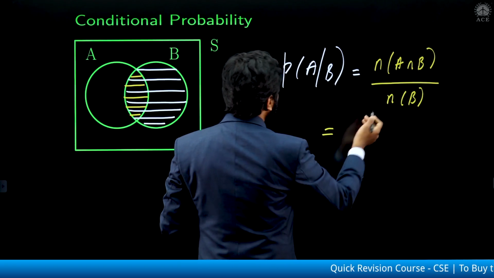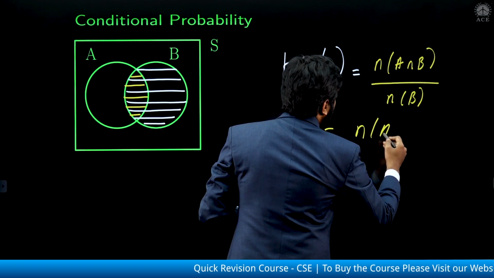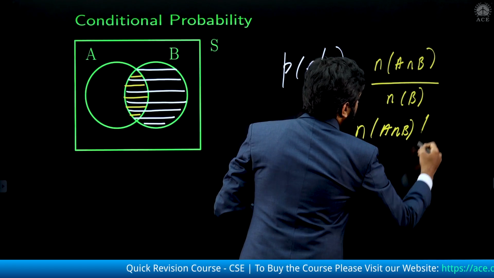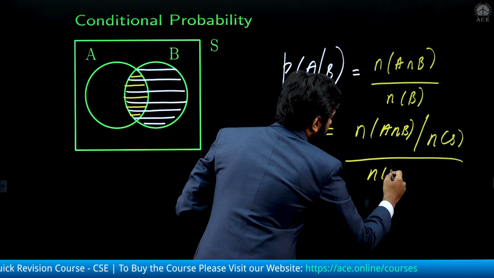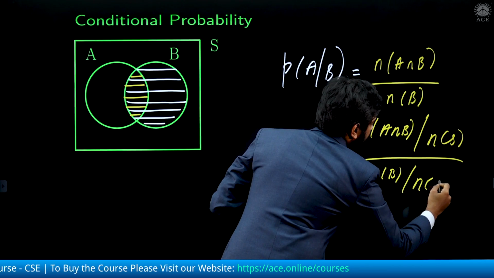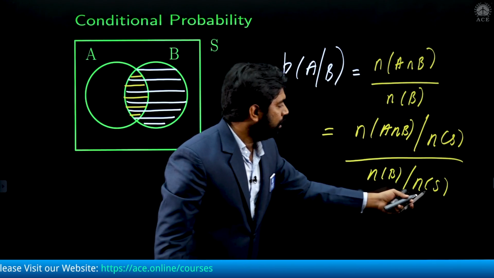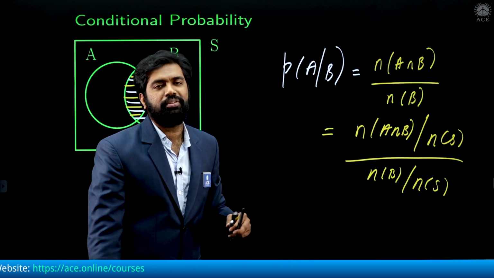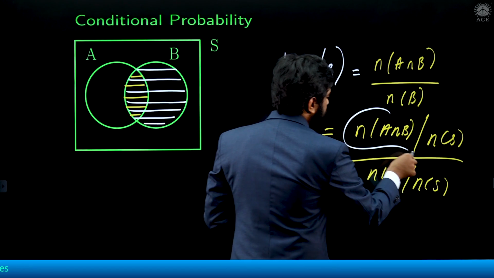I'll just do some modifications here. Let's do the rearrangement. Have a look at this: n of A intersection B divided by n of S, by n of B divided by n of S. The same term I have divided in the numerator as well as in the denominator, so it's not going to change the value. But look at the highlighted portion.